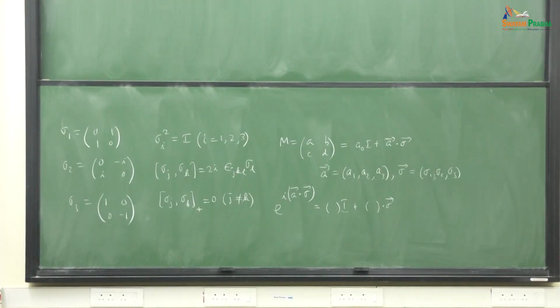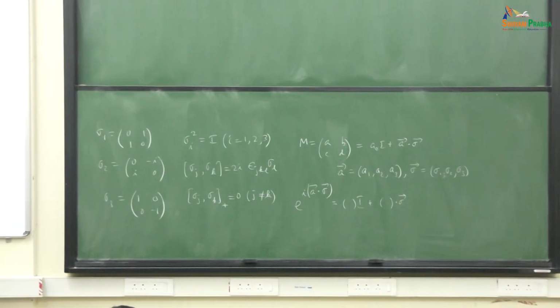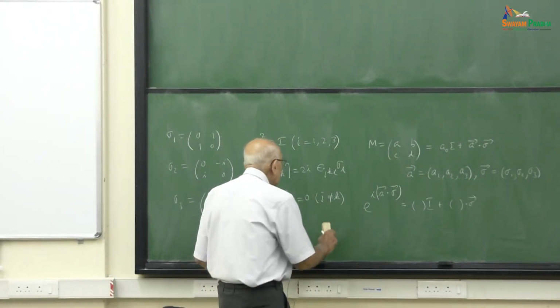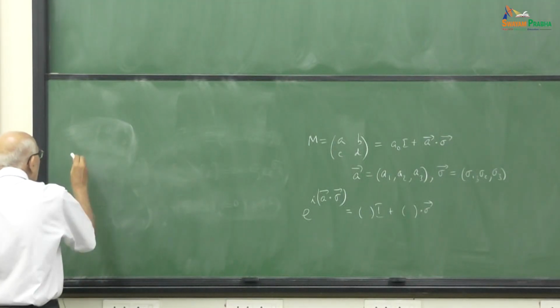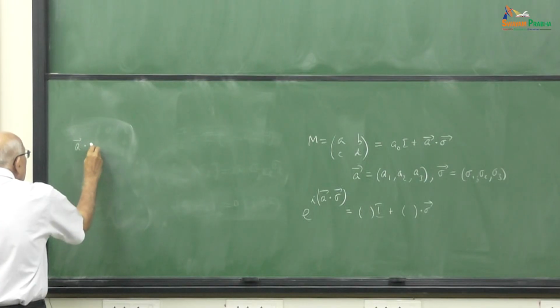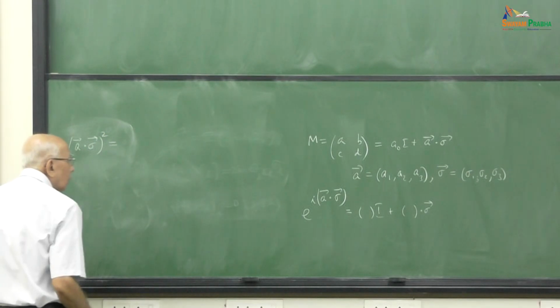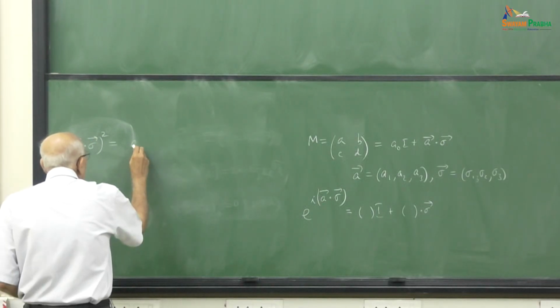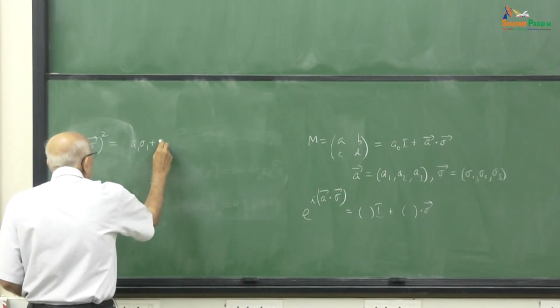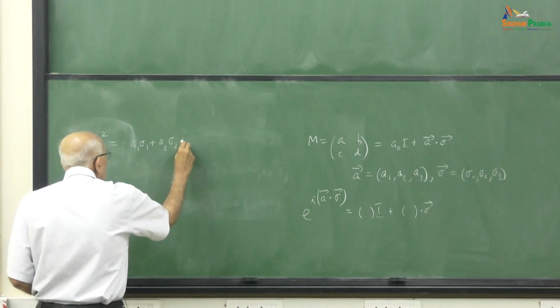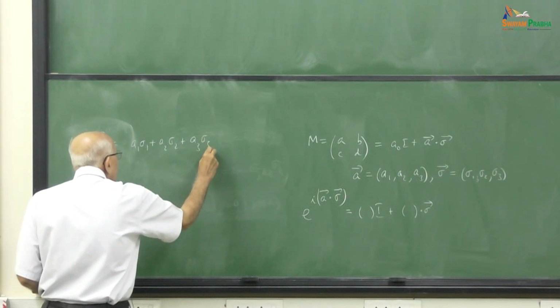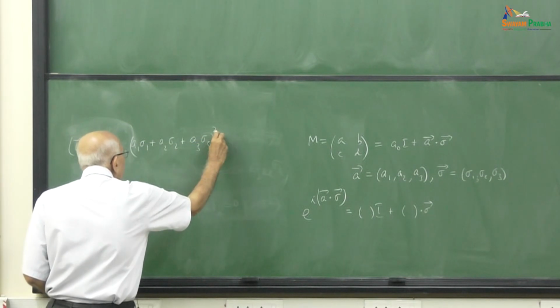For that, we use the property of anti-commutation, and we discovered that you can square this matrix very easily. So a dot sigma squared is equal to what? Is equal to a1 sigma 1 plus a2 sigma 2 plus a3 sigma 3 whole squared.